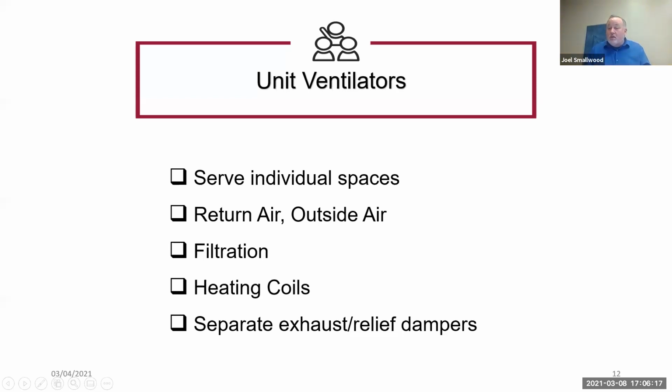They typically don't exhaust air right in that unit. We talked about the central systems earlier, those big boxes that actually push air straight outside the room. Typically on these unit ventilators, it relies on another damper, an exhaust damper in the room. We call them relief dampers.